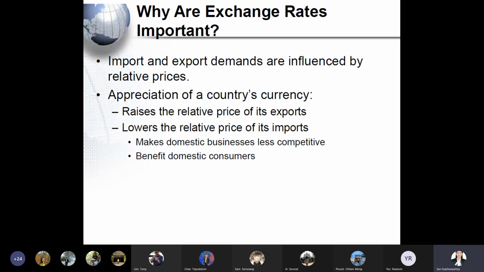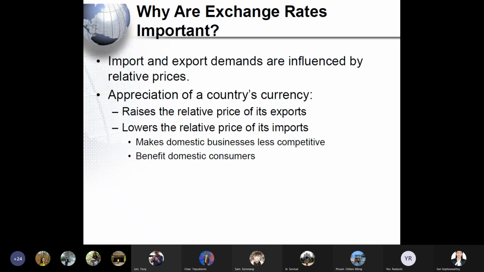For example, appreciation of a country's currency raises the relative price of its exports, while lowering the relative price of its imports. Why do we say relative price here? Because we weigh it against the trading partners. That's why we use relative price.